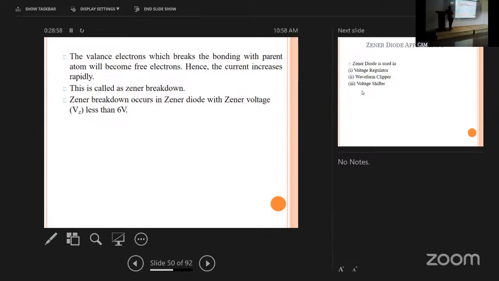Public address system, circuit diagram and working of RC coupled amplifier are over. Logic gates are over. Unit 3: BCD code, XS3 code, Gray code, Hamming code, theorems and gates.